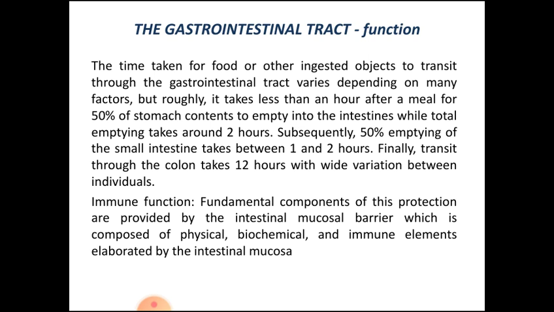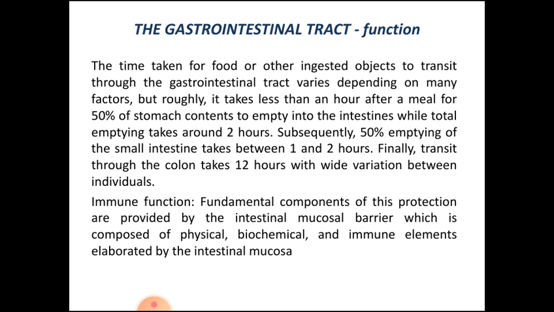Subsequently, 50% emptying of the small intestine takes between 1 to 2 hours. Finally, transit through the colon takes 12 hours, with wide variation between individuals. These percentages and times show the time food takes in the GIT, from the beginning of digestion to being expelled as feces.